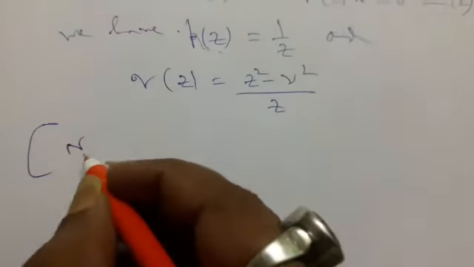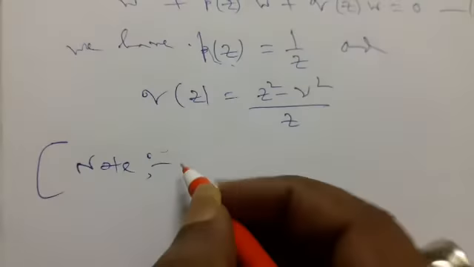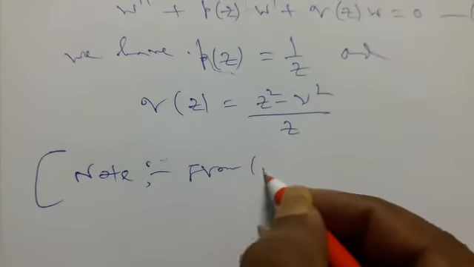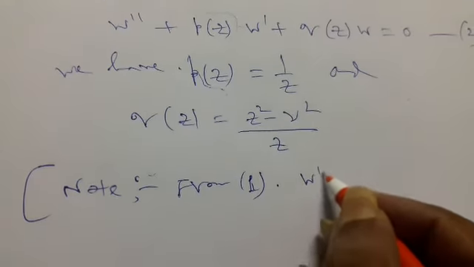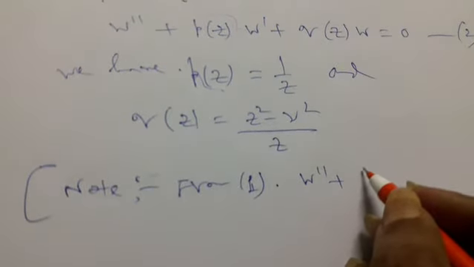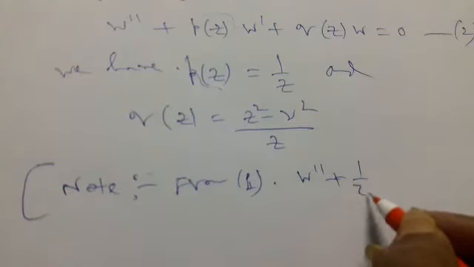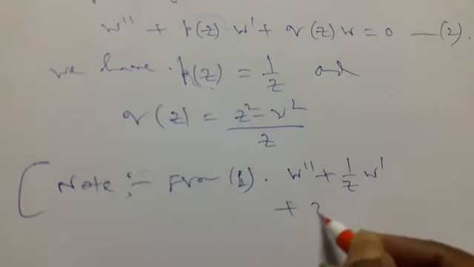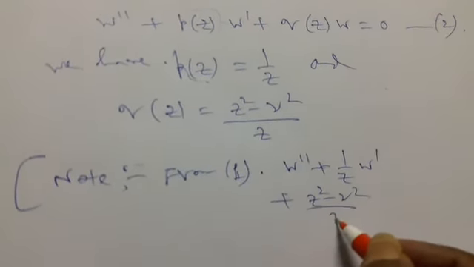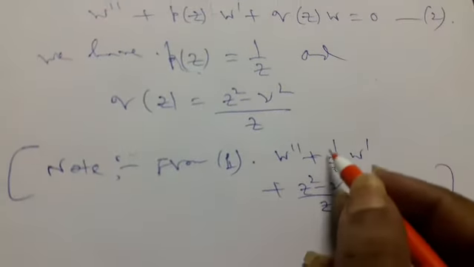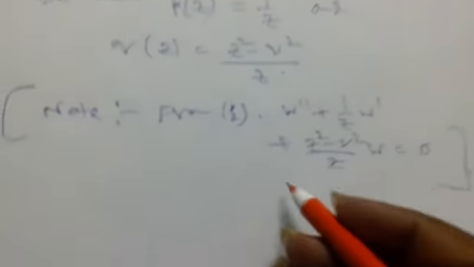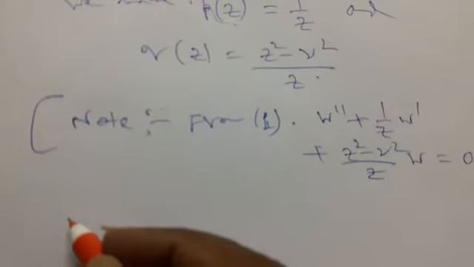It should be noted that if we divide it, w double dash plus 1 by z w dash plus (z square minus gamma square) by z square w equals to 0, and comparing with p(z) and q(z), we are getting these p(z) and q(z).